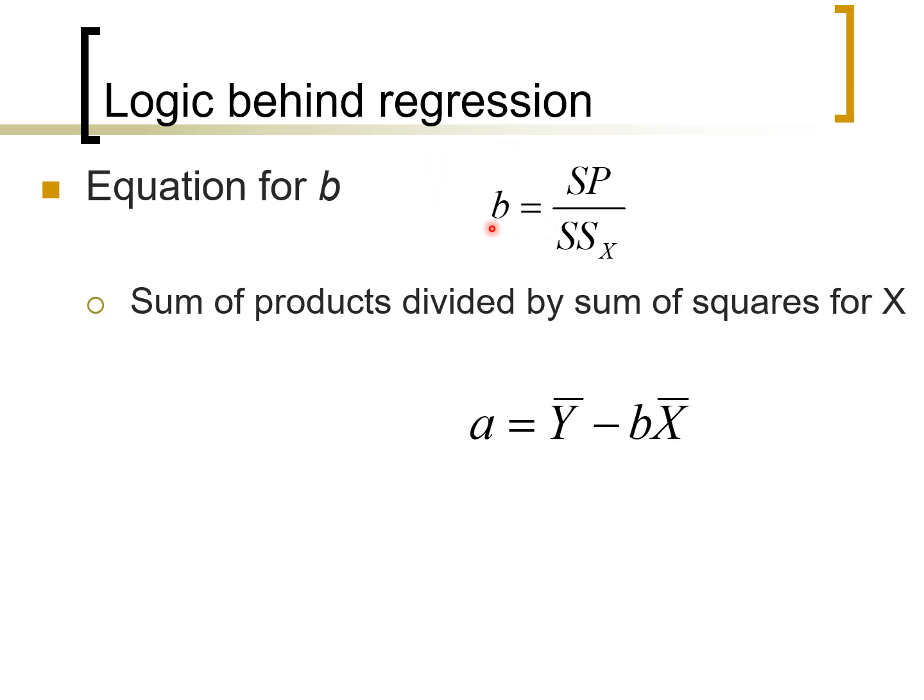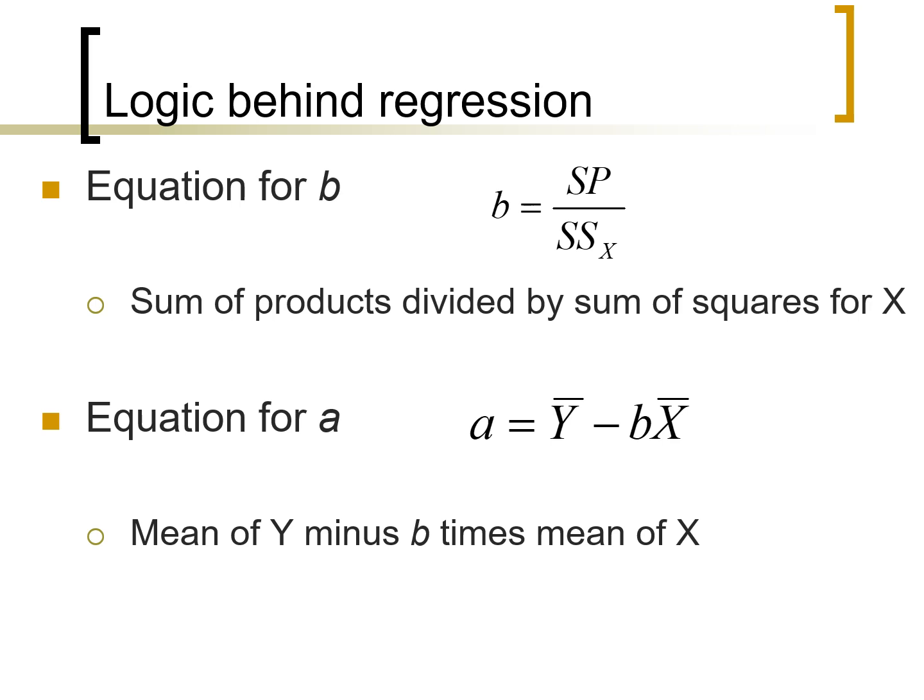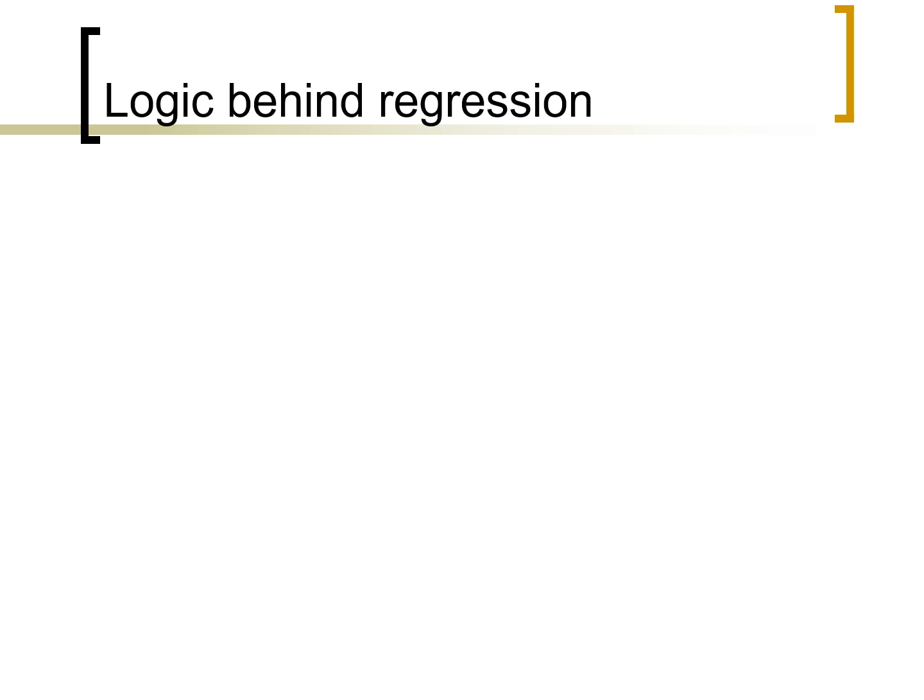And that's how we're going to get our slope for our equation. And then for our A, or our intercept, once we've calculated our slope, we can take our mean of X and mean of Y, and that is the formula for the two components of our regression equation.